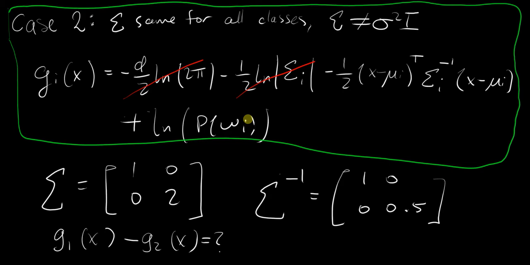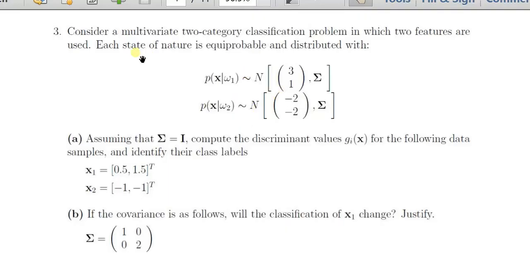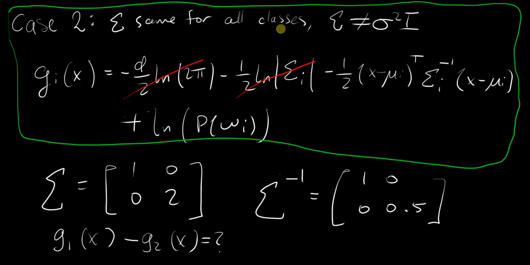At the start of the question, it describes that each state of nature is equiprobable. Because there's two states, the probability of all the classes is equal, so it's a constant for all the classes, and you can cross that out too. So this becomes 0, this becomes 0, this becomes 0. Then all you're left with is this part.